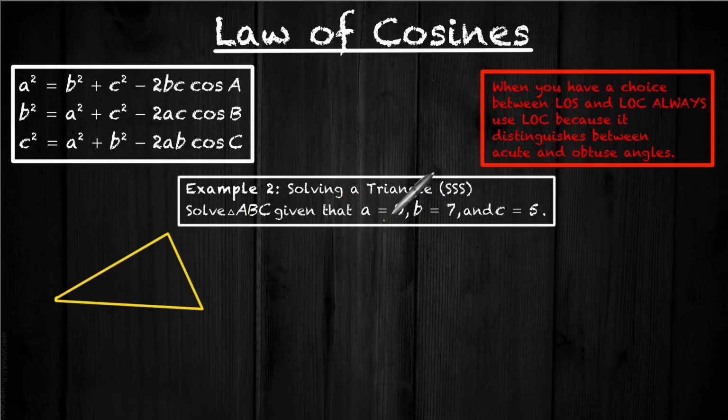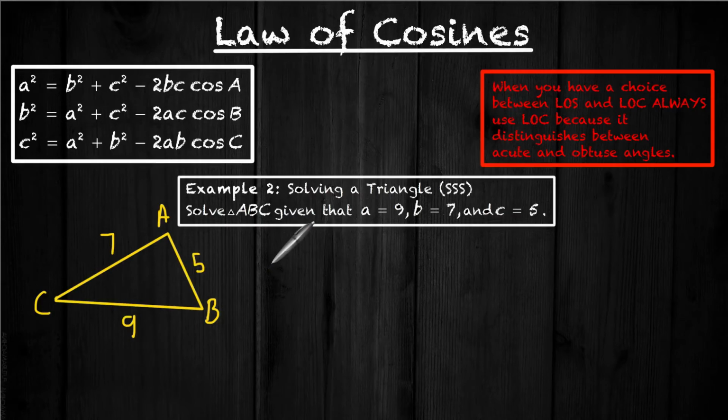Let's see, the biggest side is A. So we'll make this angle A, and across from angle A is 9. And it looks like the next biggest side is B. So maybe we'll put B there, and across from B is 7. And angle C, across from angle C is the smallest side, 5.